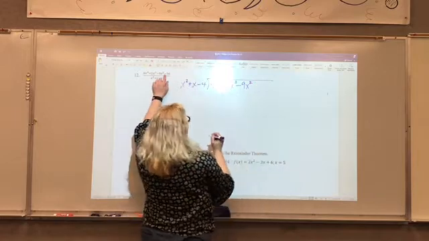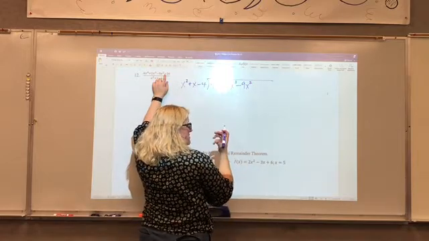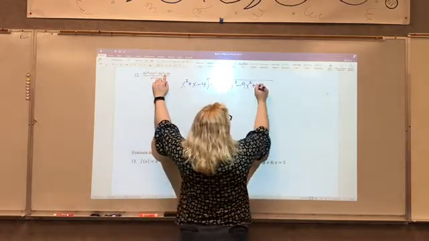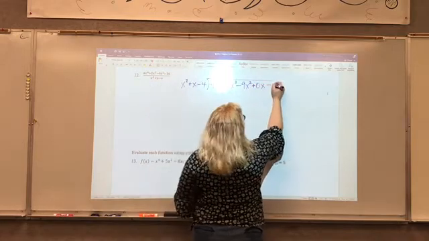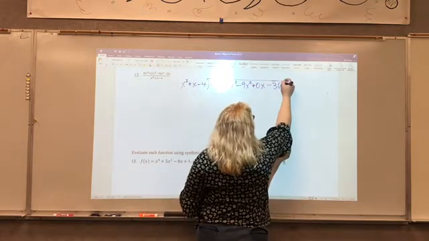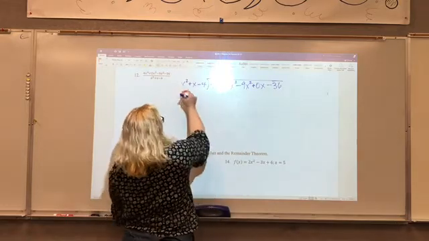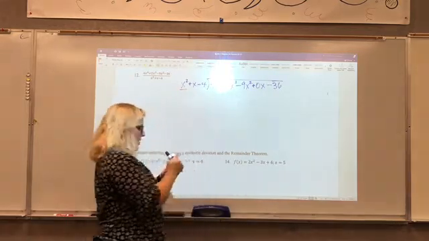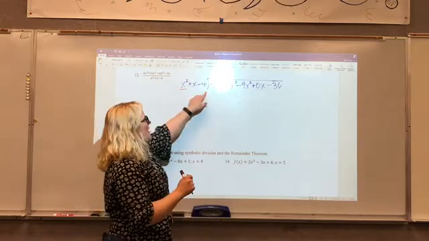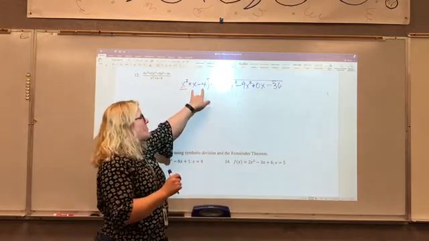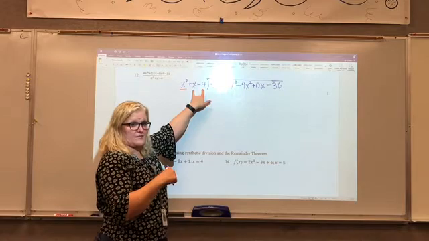Okay, I need an x term, so plus 0x minus 36. All right, now remember, I'm only focusing on this first term when it comes to looking at what it goes into, and then these two just follow along when I'm multiplying.